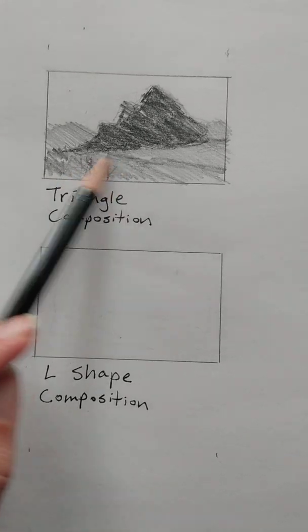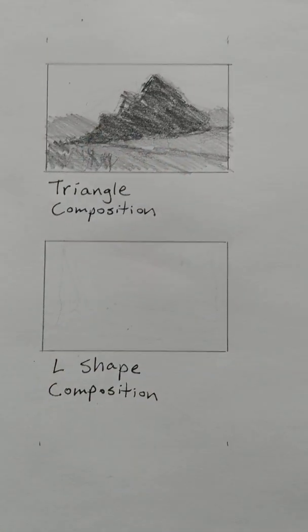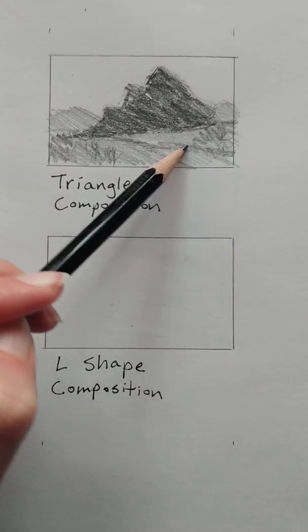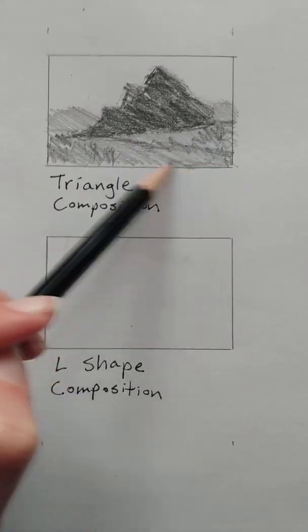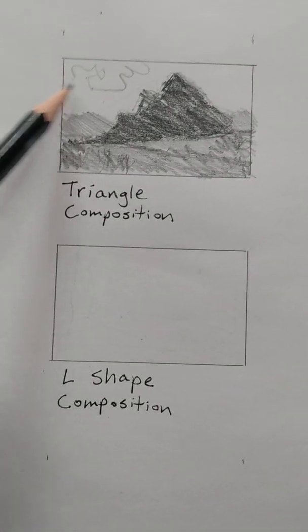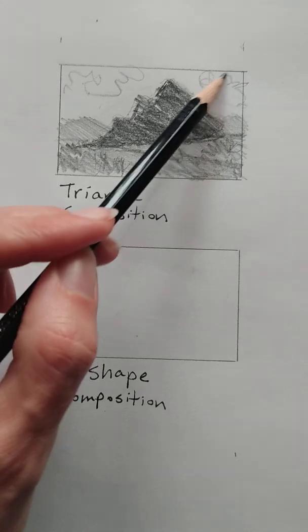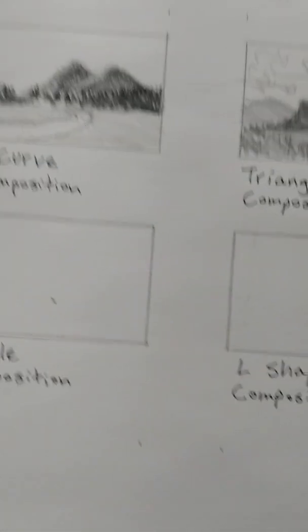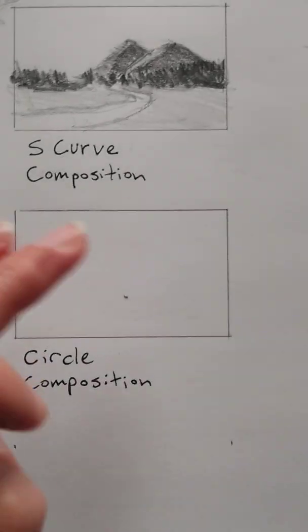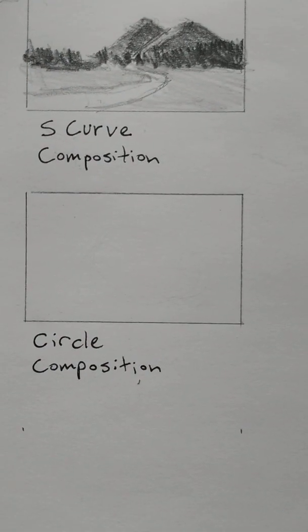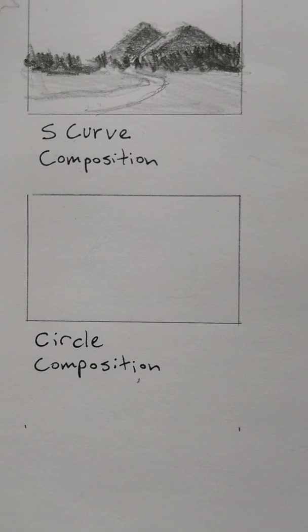Make it more interesting. Okay, but keep it simple. Don't make it super complicated for yourself. That's some doodle clouds. Because these are supposed to be thumbnail sketches, not full-on sketches that are completed and finished.